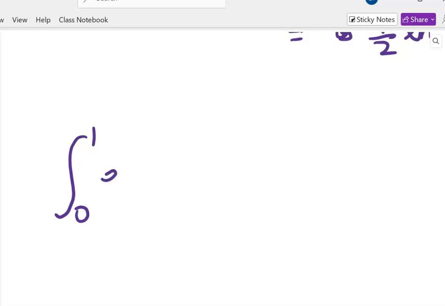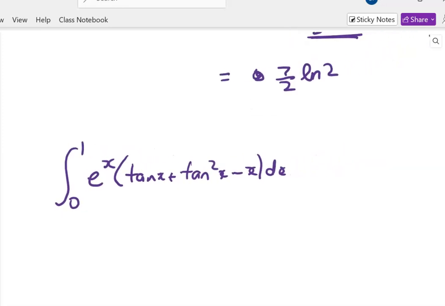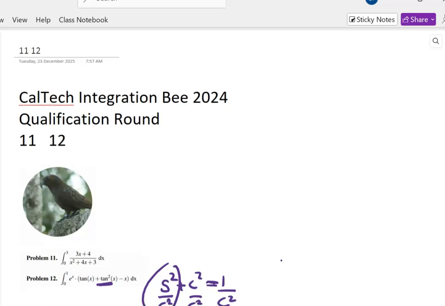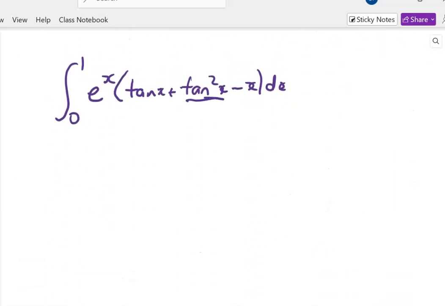We want to integrate e to the x times tan of x plus tan squared of x minus x dx. I'm just going to check that I've got those signs correct. I think it was a plus plus minus. Yep, it is. Okay, so I'm going to replace the tan squared of x.